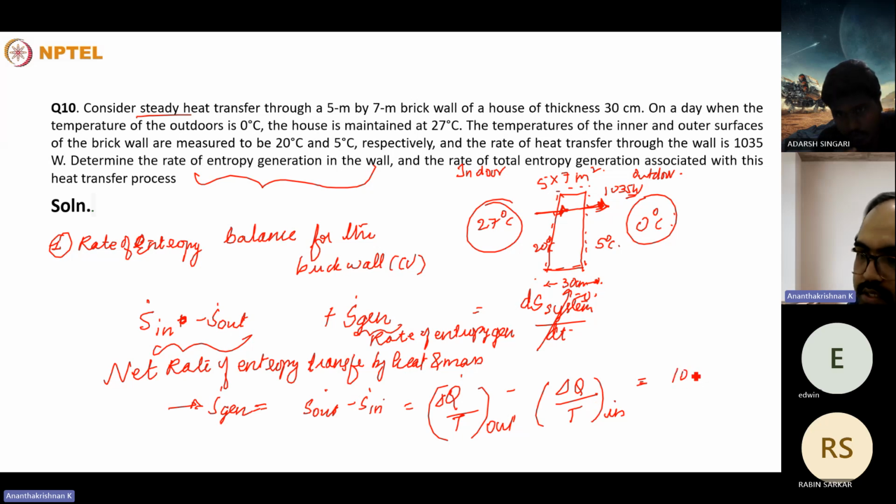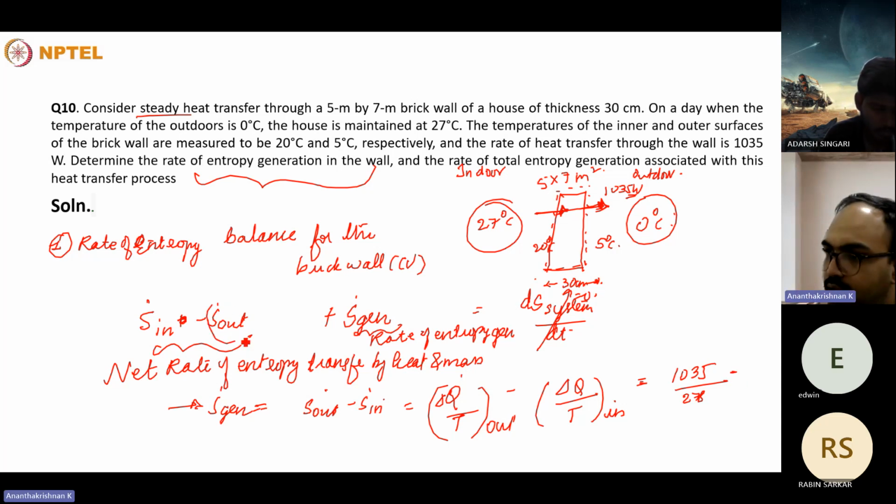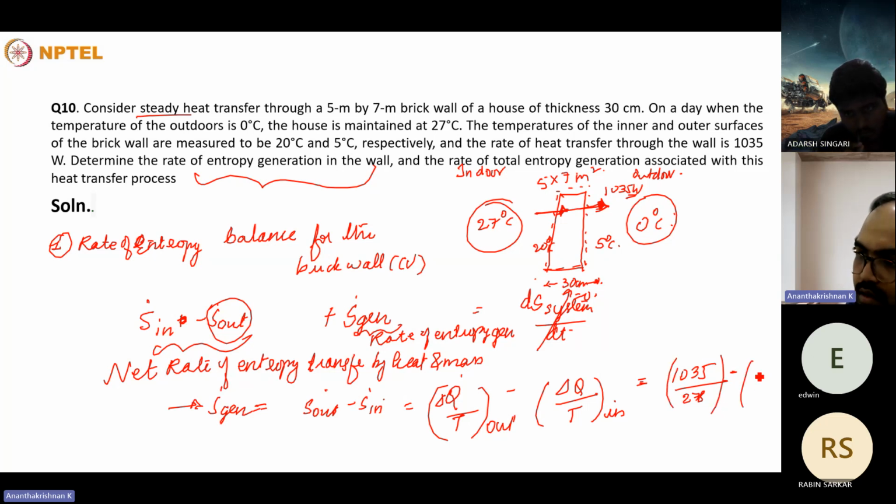Q heat transfer is 1035 watt, divided by the temperature associated with it, 278, at the outside surface of the brick wall. The flow happens from the inside to outside, so we consider this wall as out, and inside will be Q divided by 293, and we get 0.191 watt per Kelvin. So that is the rate of entropy generation for the brick wall.